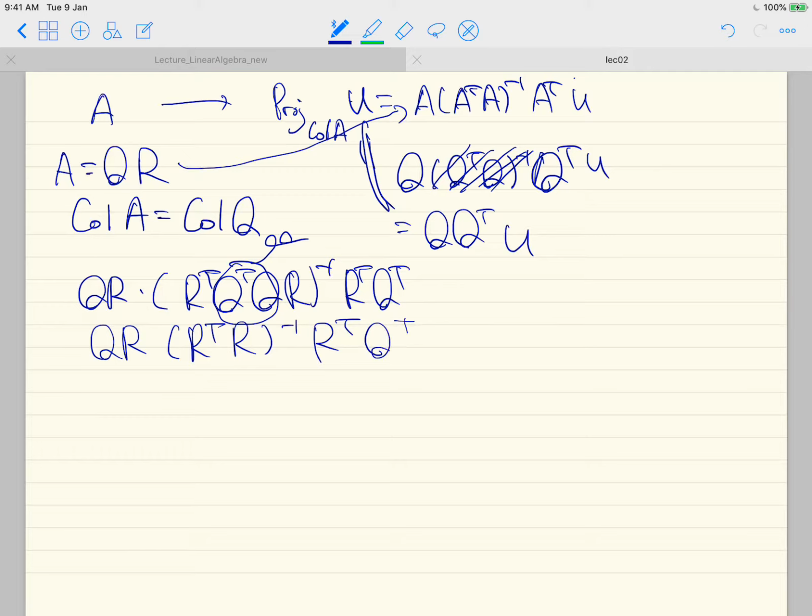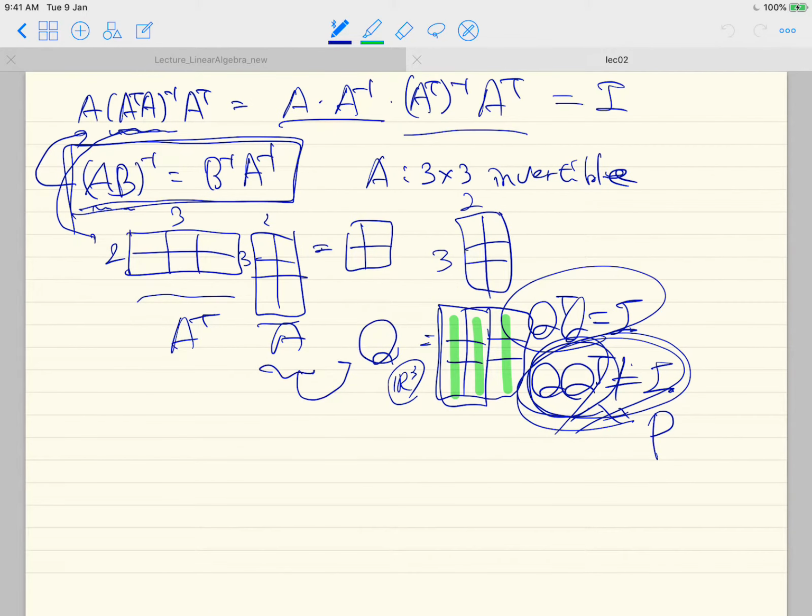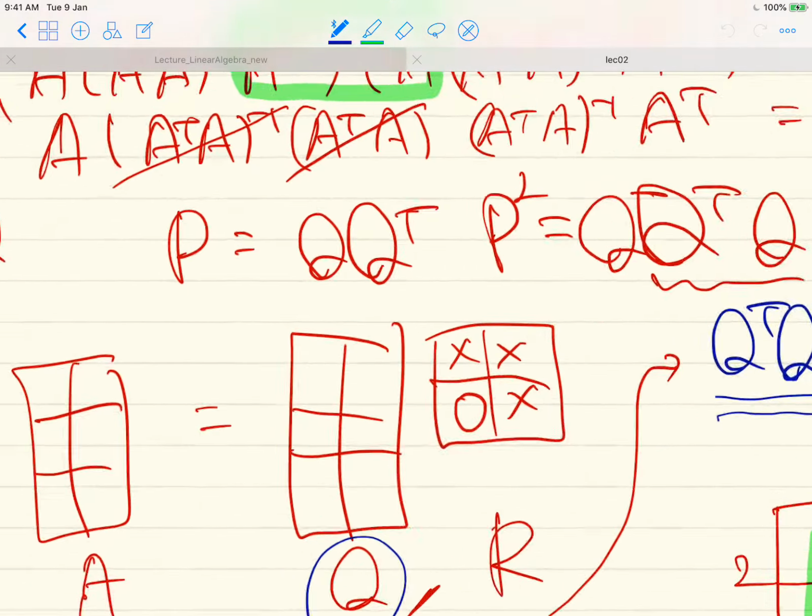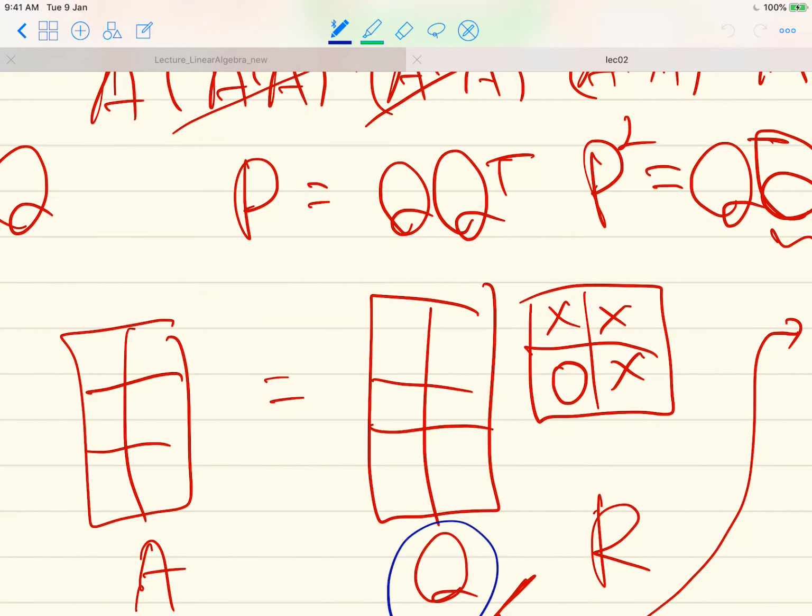Okay, here let's focus on R. So what is R in the QR decomposition? So this is our QR, right? Here we need an additional assumption: let's assume that A has linearly independent columns.